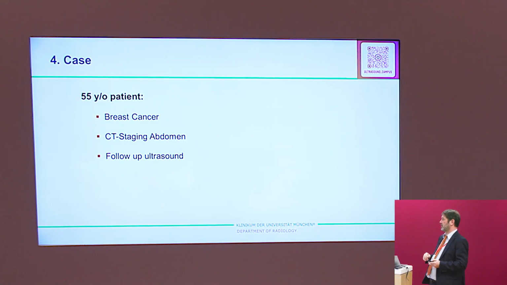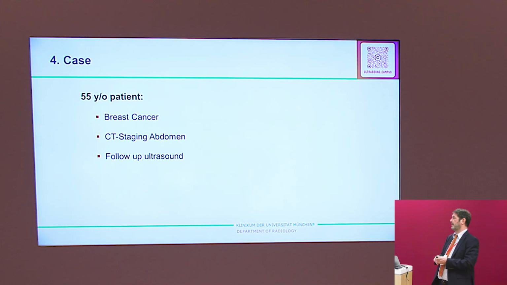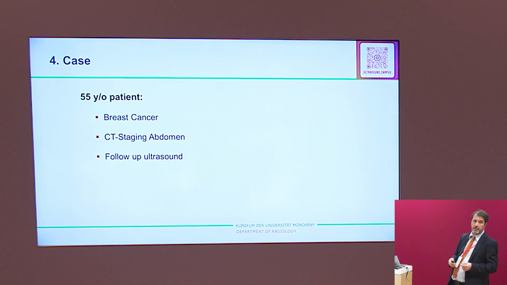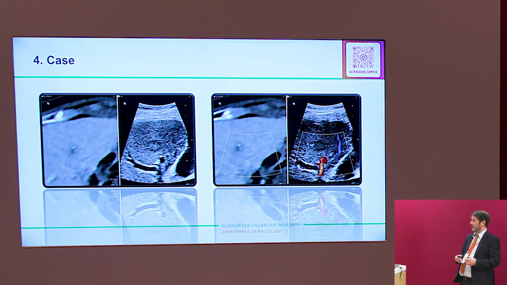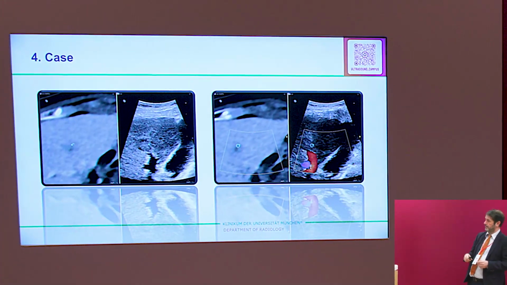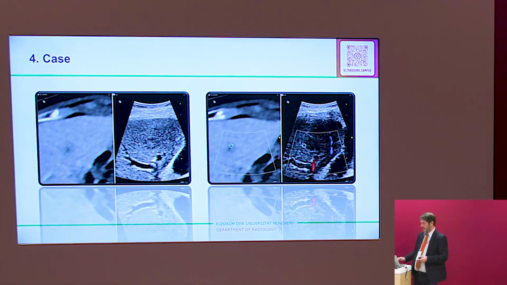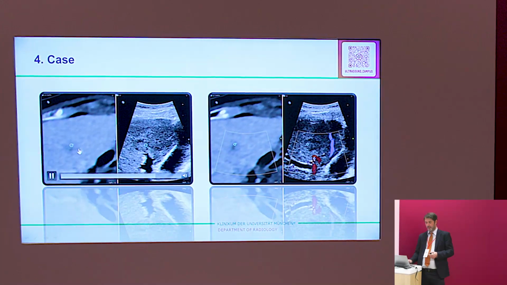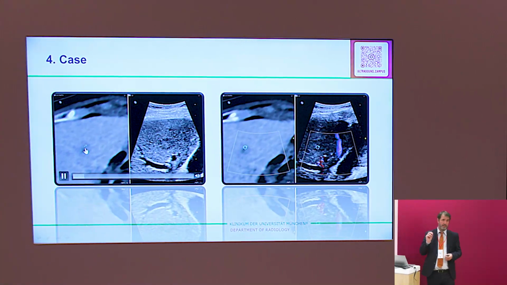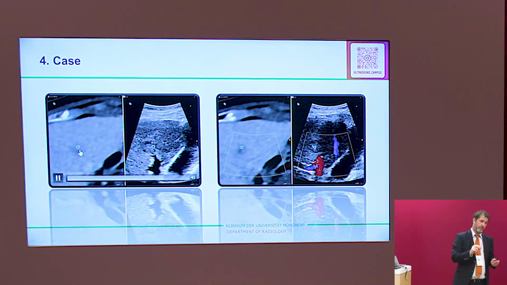Another patient. This patient had breast cancer in the past. The patient underwent CT staging of the abdomen, and a follow-up ultrasound examination was recommended. So you see the CT and you see the ultrasound. Grayscale, color Doppler. We mark this lesion with a landmark, and this landmark is also transferred to the ultrasound image.